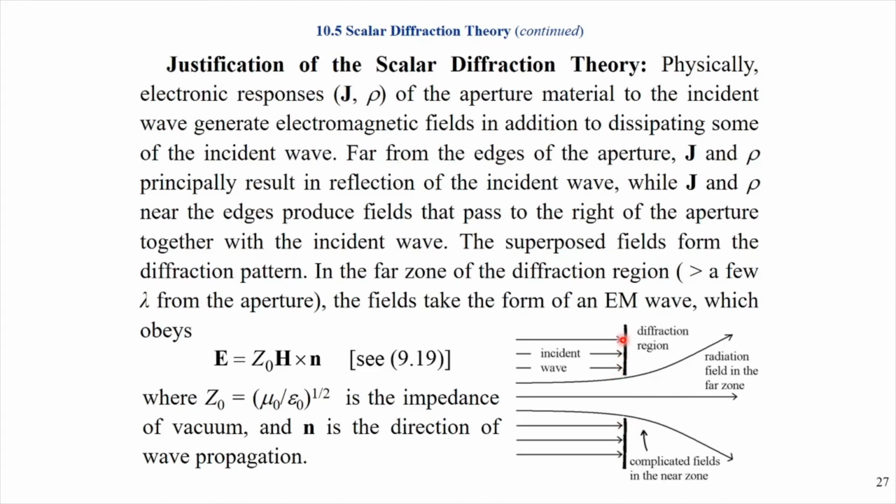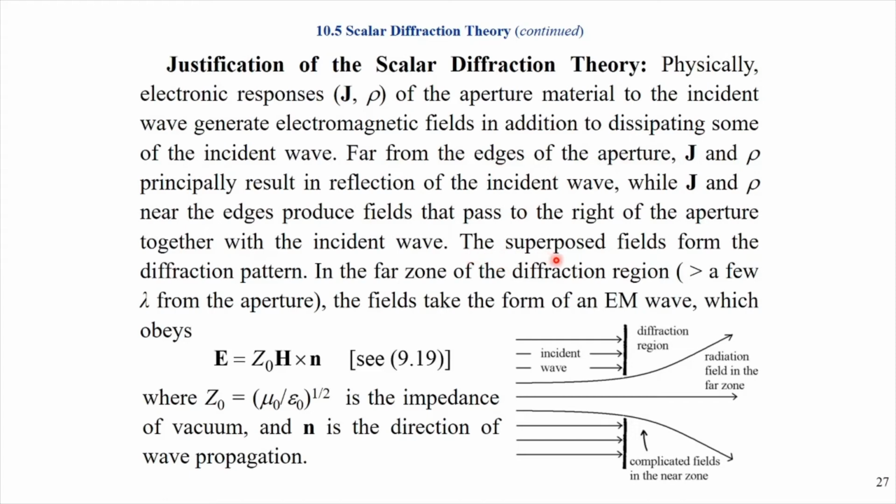You can imagine we have a metal screen, and J and rho on the screen will result in normal reflection of the wave. So far from the edge of the aperture gives us nothing.